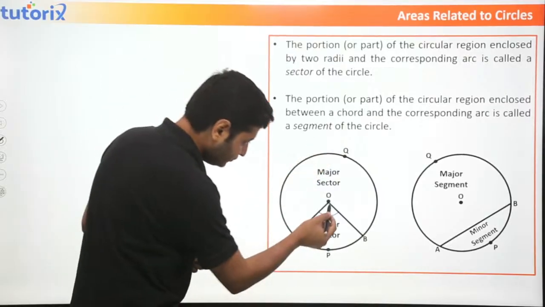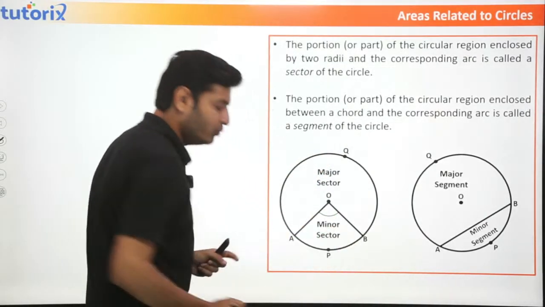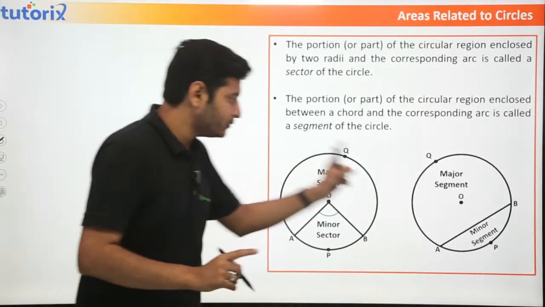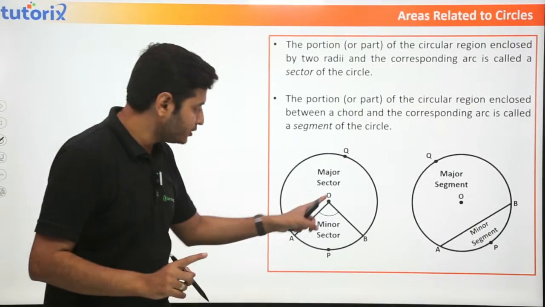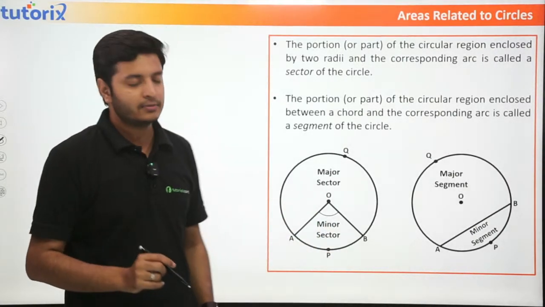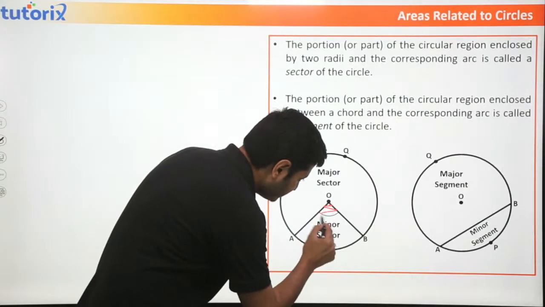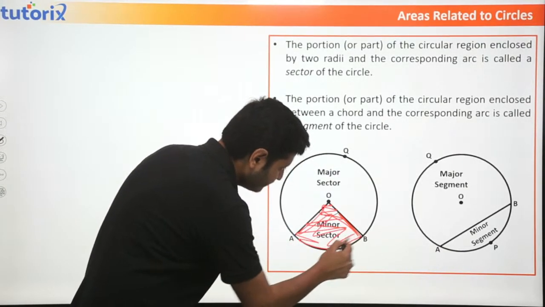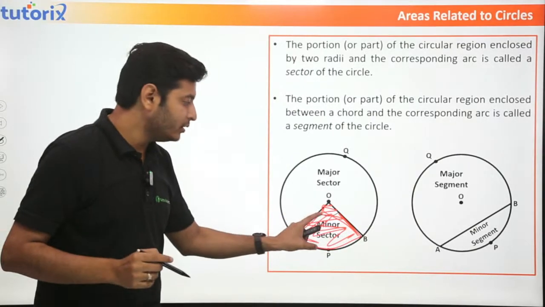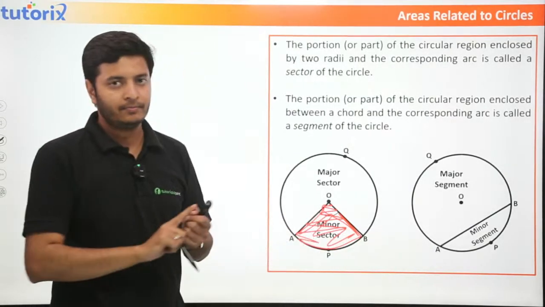So look at this, OA and OB. They are radii of the same circle. So there are two circular regions enclosed in between these two radii. First one is this one, right? This one. So this is what? Sector of this circle.